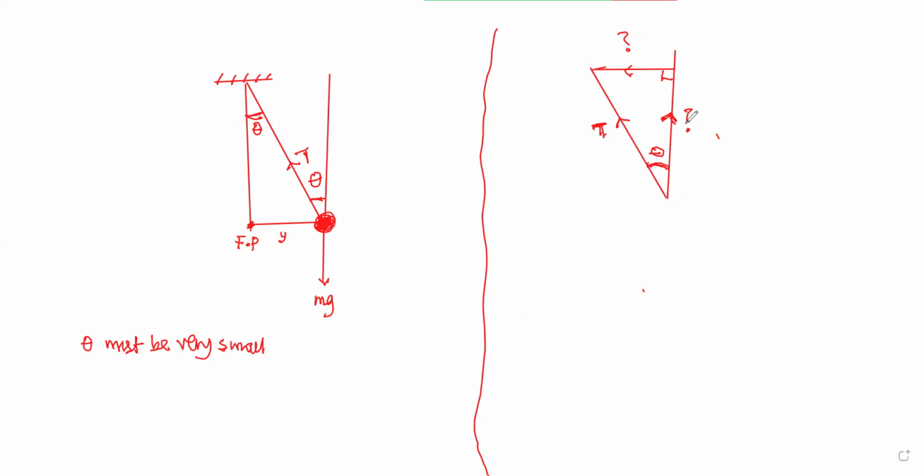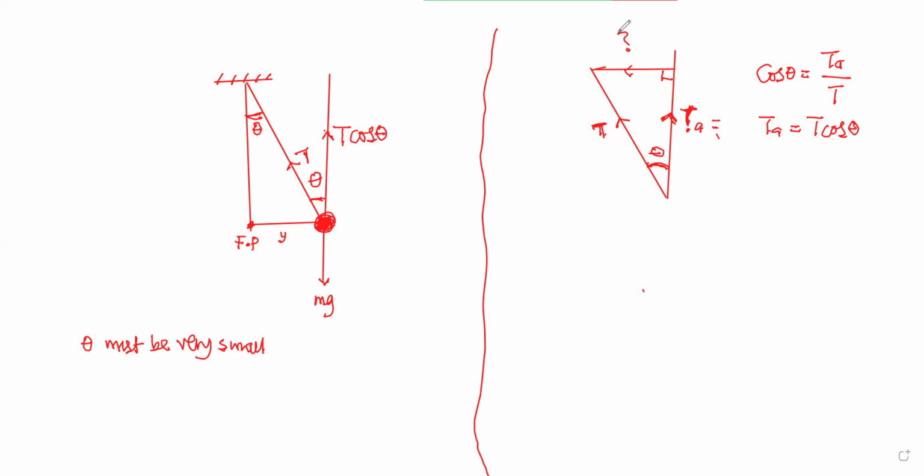So we are interested in the adjacent. Okay, T adjacent, TA. Obviously, when we take cosine of the angle, cos theta, this is the adjacent, which is TA, over the hypotenuse, which is the tension in the string. So TA is equal to T cos theta. So this horizontal component of the tension is equal to T cos theta.